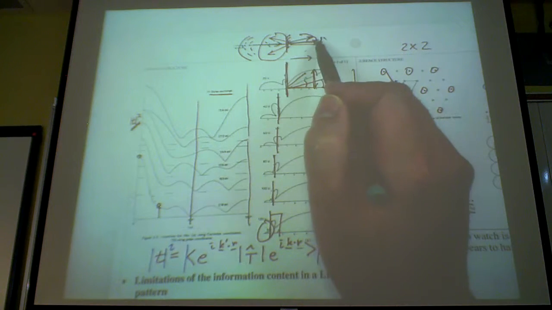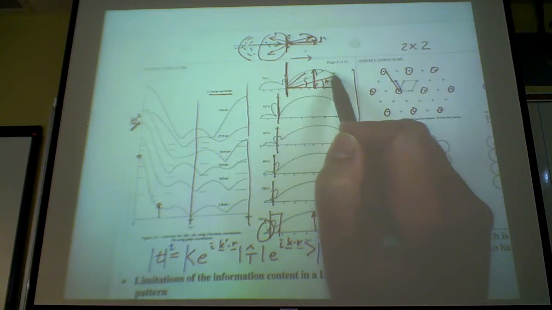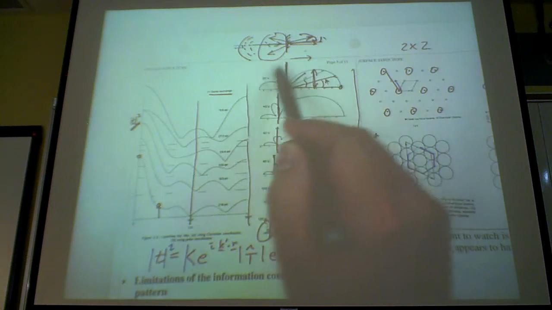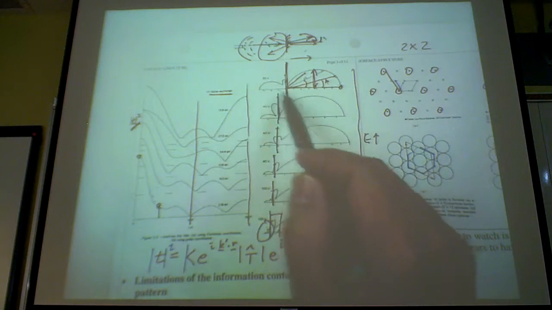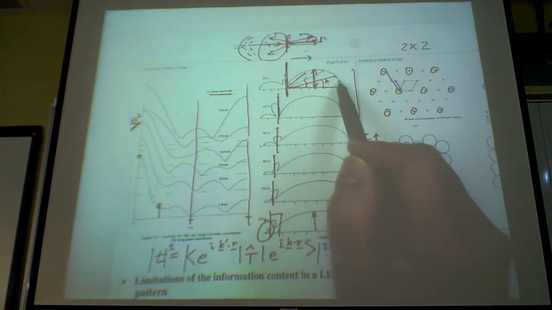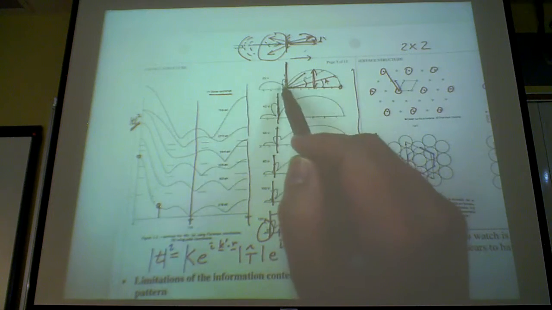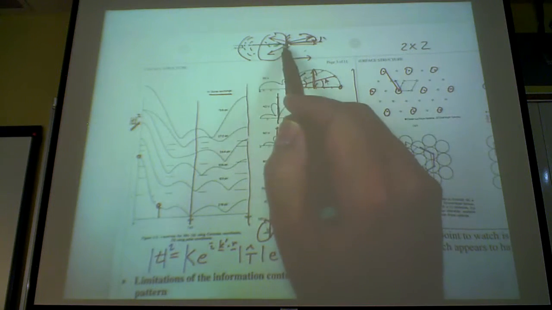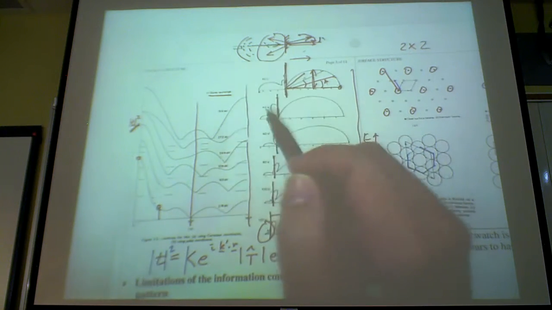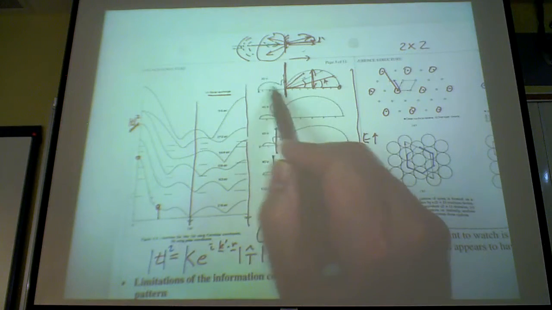As I move away from the forward direction, the intensity is going to drop. So this is a polar plot of my electron scattering intensity. So it drops, and then at a certain point, this is my refracted beam. This is coming back from the electron. So in LEED, you are looking at the refracted beam here.